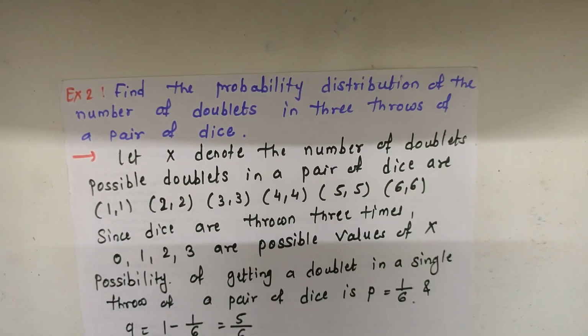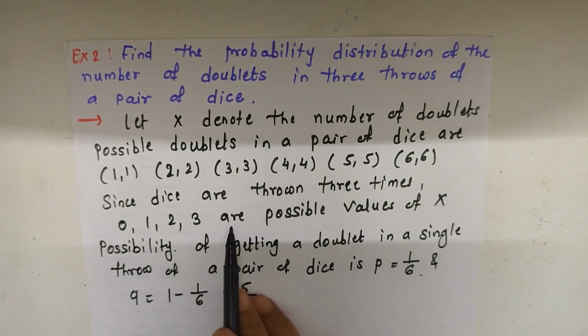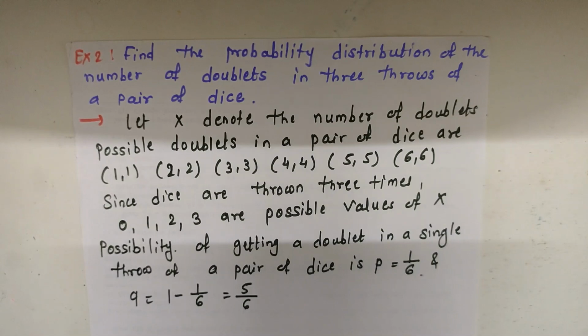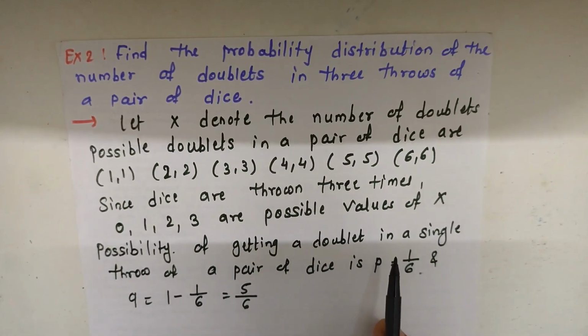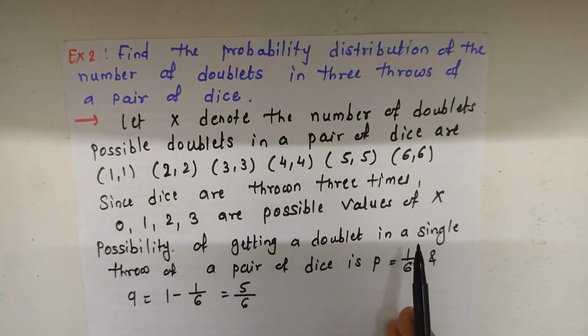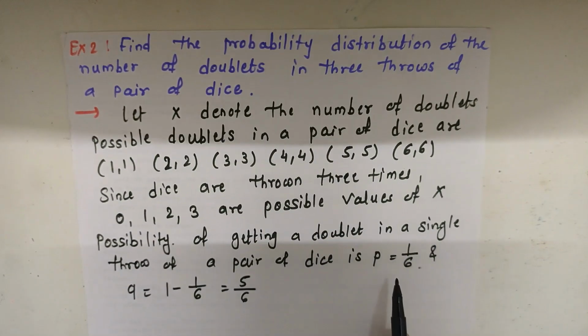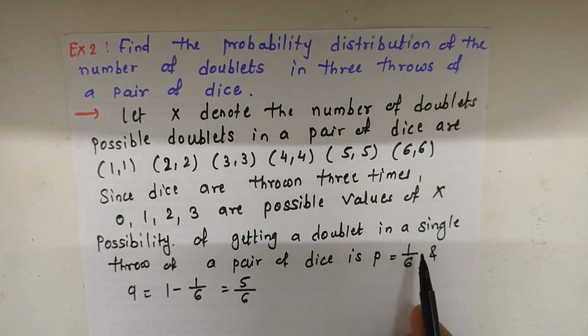Now here we have to find the probability distribution for x equal to 0, 1, 2 and 3. Before finding the probability distribution, we have to find the probability of getting a doublet in a single throw of a pair of dice. The probability of a doublet for a single throw is the probability of success, denoted by P, and this P is equal to 1 by 6.